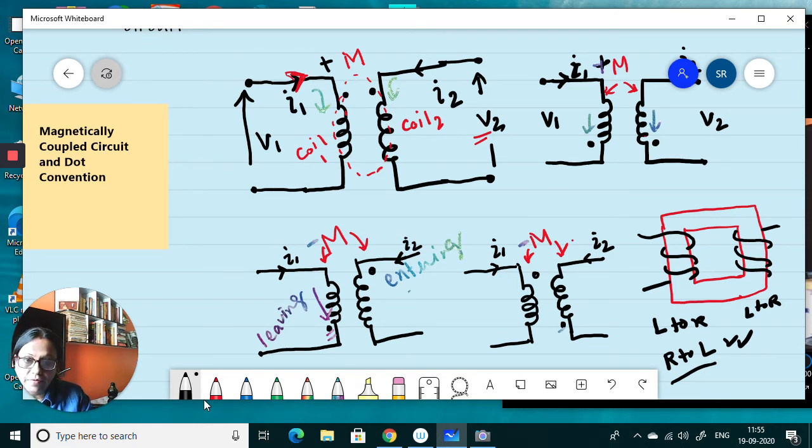So the voltage induced here will be V1. For these two figures, this is inductance L1, this is inductance L2, this is L1, this is L2.